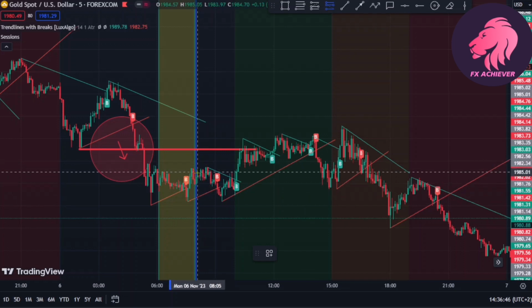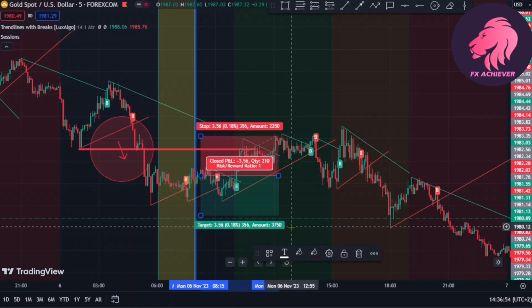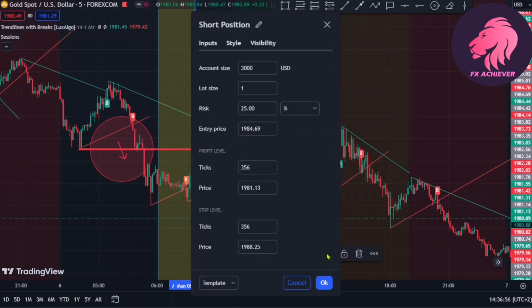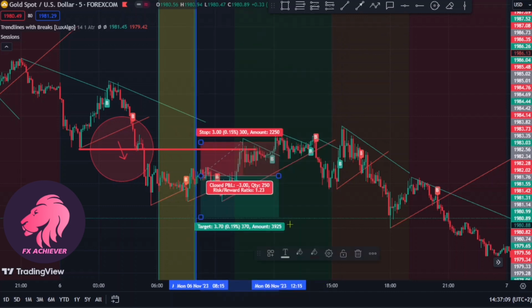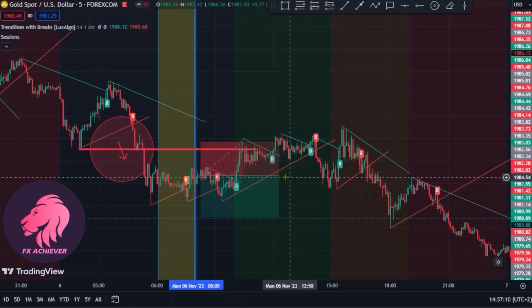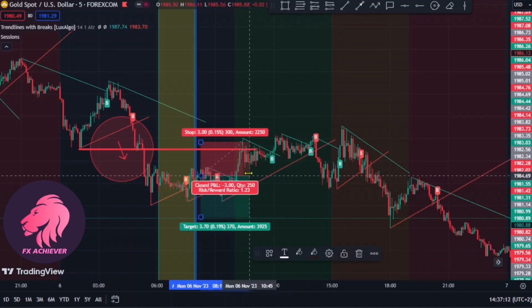As you can see, immediately when I see a red candlestick, then at the closure of it, the next candle that comes in, I'll place my selling trade, and I use a fixed risk to reward ratio of risk of 300 ticks and profit of 370 ticks.